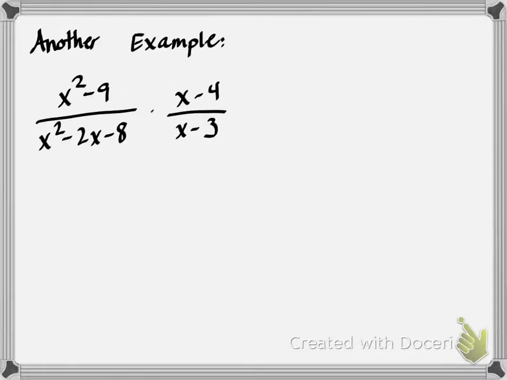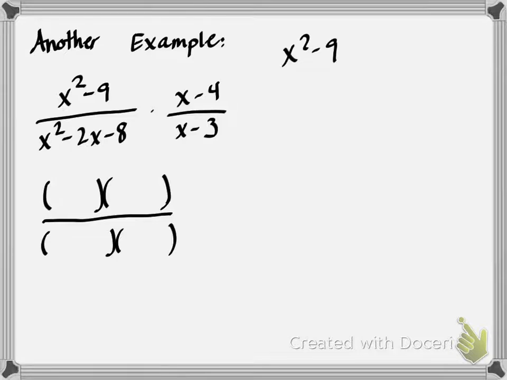I just want to go over one more example here. And we're going to do the same thing we did before. We're just going to factor this stuff. We're going to factor the top, and actually on this one, we can factor the bottom as well. So for the top, x squared minus 9, we're looking for two things that multiply to negative 9.